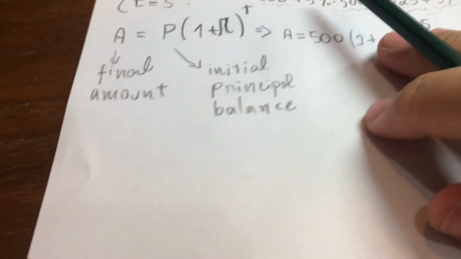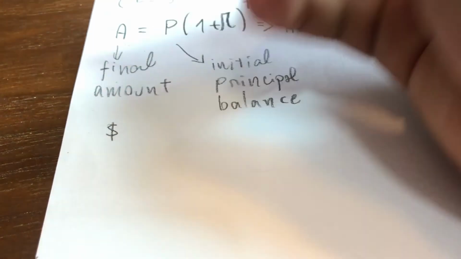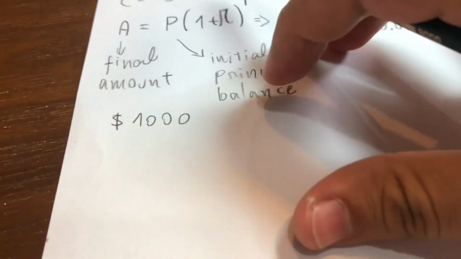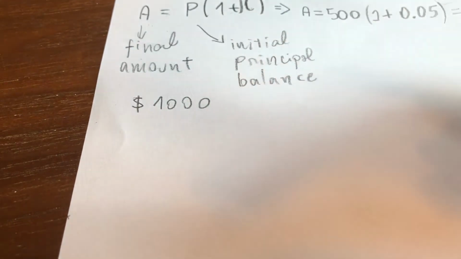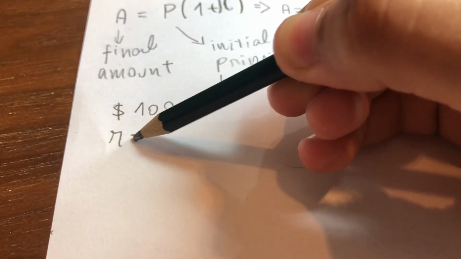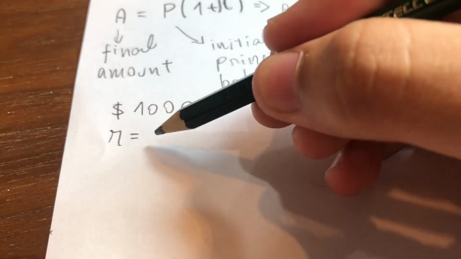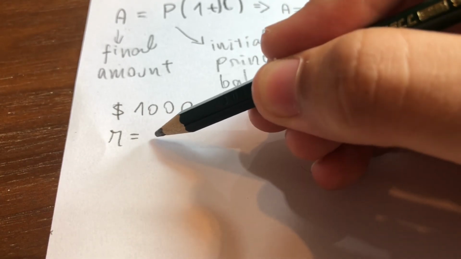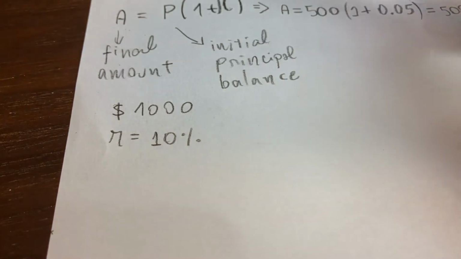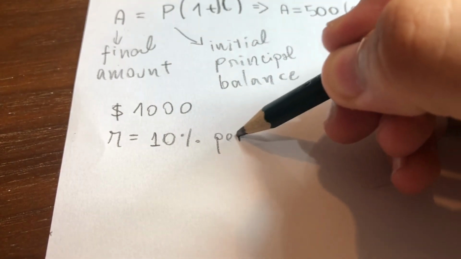A final example to clarify. I put $1,000 in my bank account, and there is a rate of investment that is 10% per year.